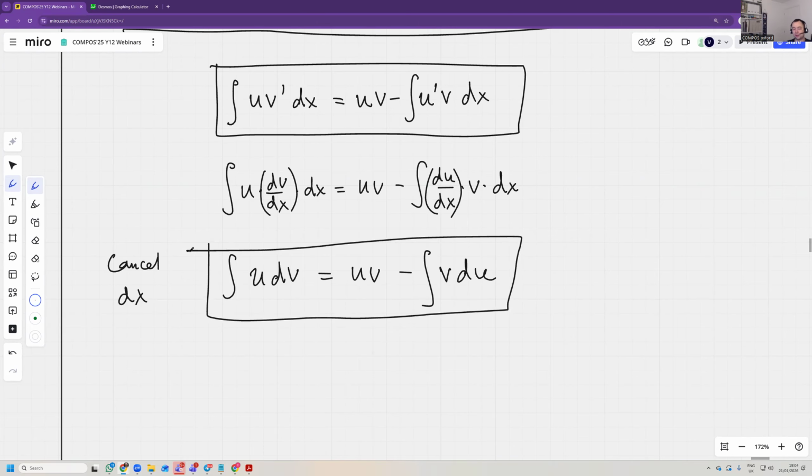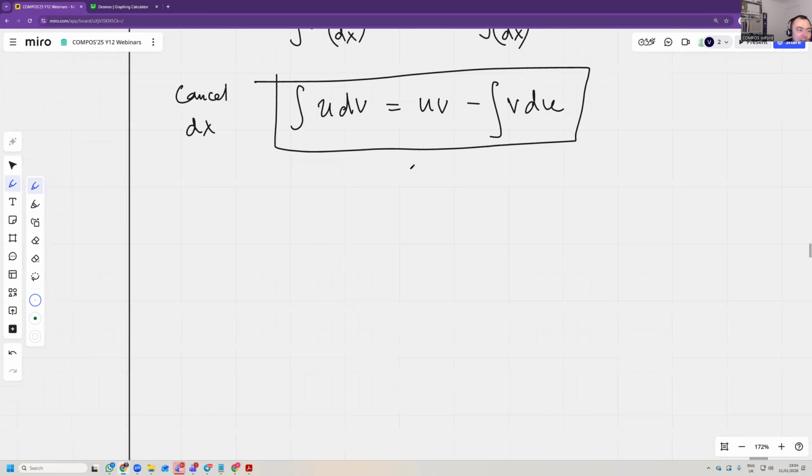The problem with this method is just it's very difficult to explain what dv is. Like, what do you mean by dv? Because what is d sine x, for example?